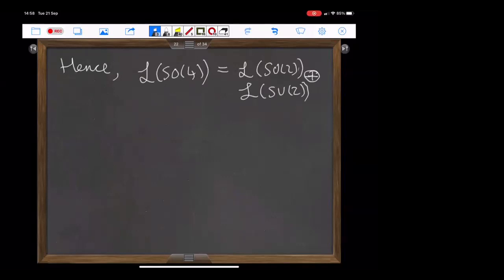So this establishes that SO4, the Lie algebra, is 2 copies of the SU2 Lie algebra. And therefore it's also isomorphic to the Lie algebra of the Lorentz group.